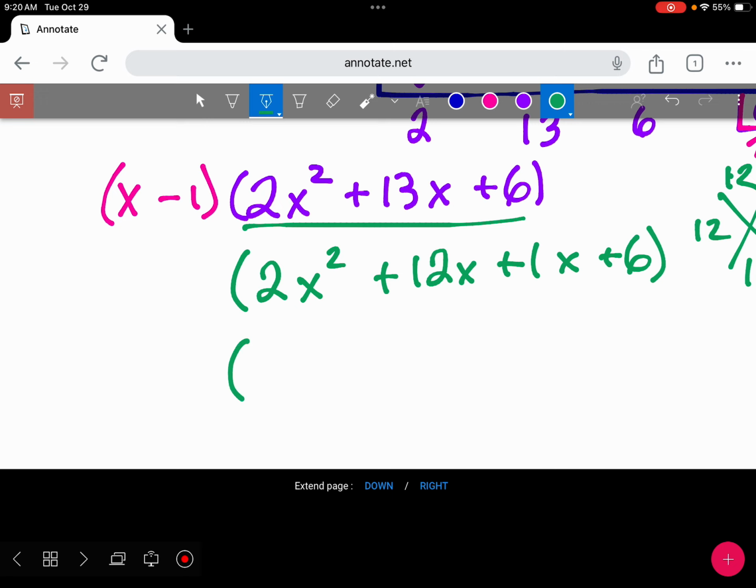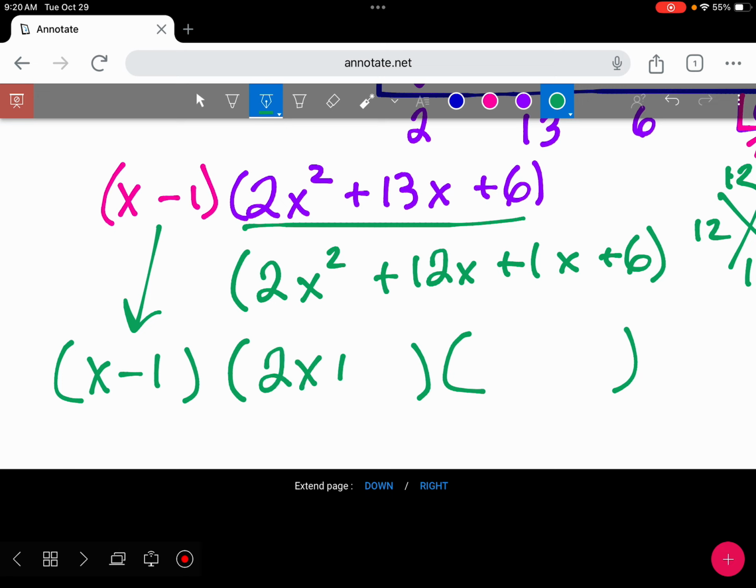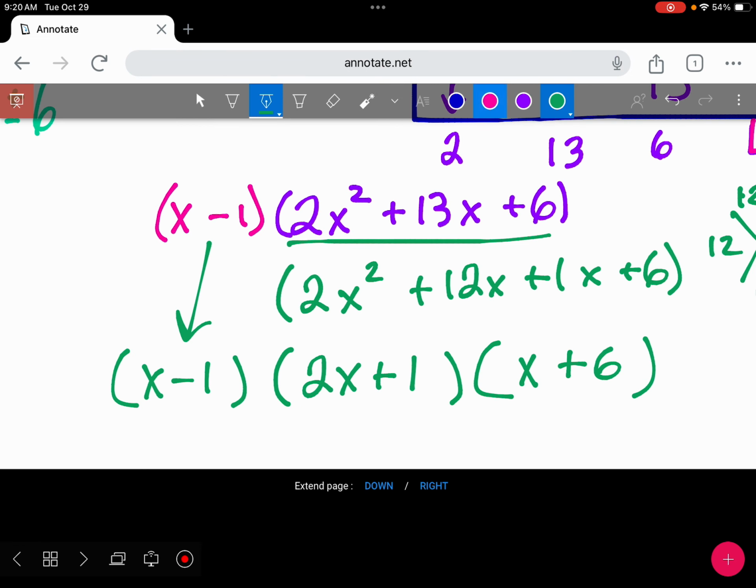But either way, we're going to wind up with what factors? What are our factors going to be here for this piece? Our x minus 1 is just dropping down here. 2x plus 1 and x plus 6. So what are our roots?